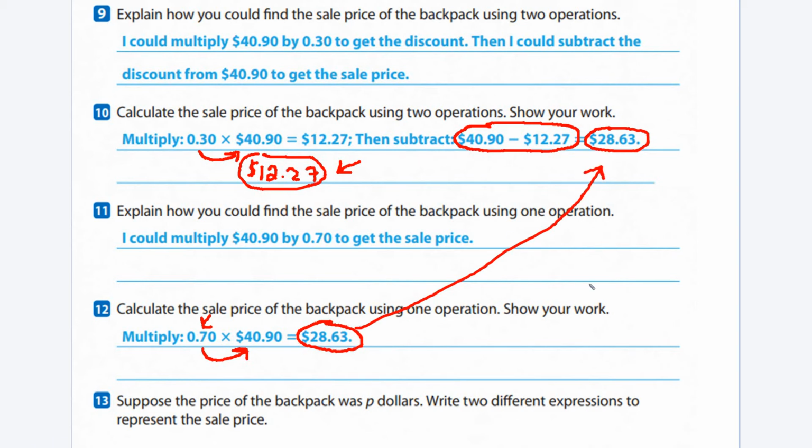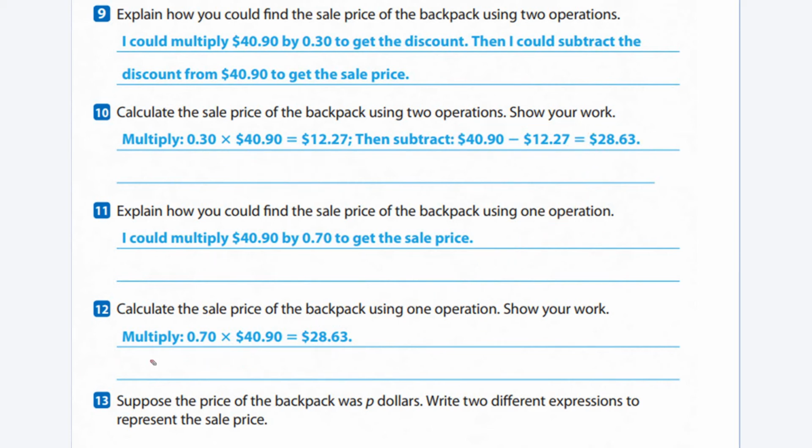Let's look at question 13. Let me erase this for a sec. Suppose the price of the backpack was $P. Write 2 different expressions to represent the sale price. So let's look at that. The first one, you have the original price minus the 30%, I'm going to use decimal form, of the original price.